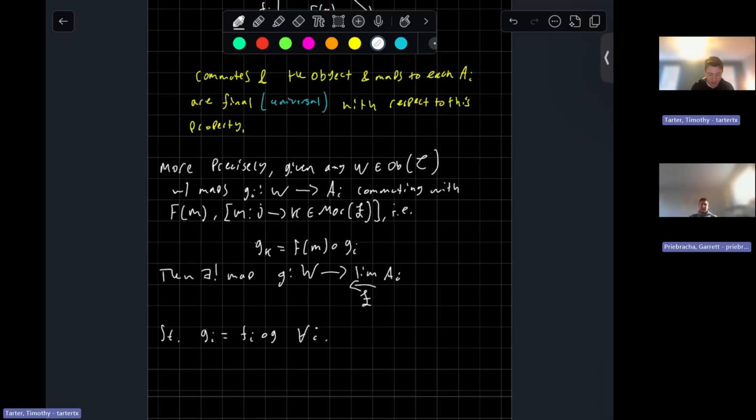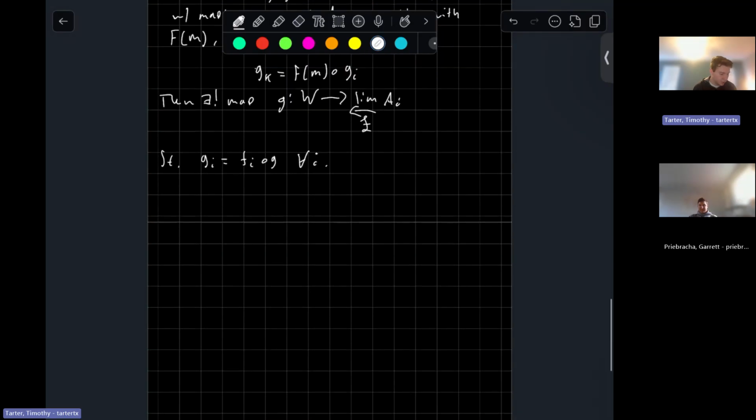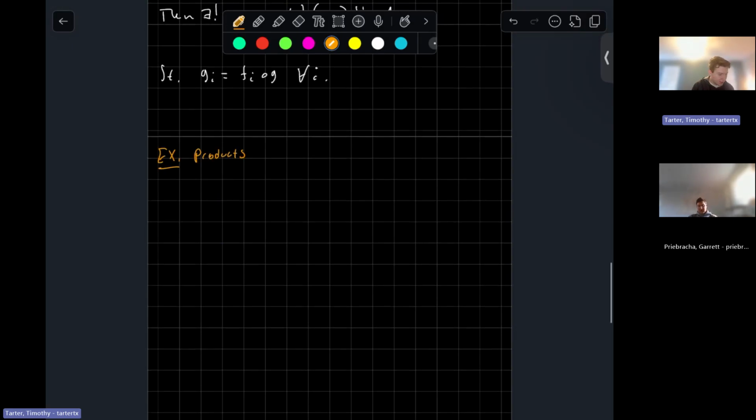So if we have maps into A_i, the limit of A_i is something out of W. And here's where an example is worth 1,000 words, and a familiar example: products.